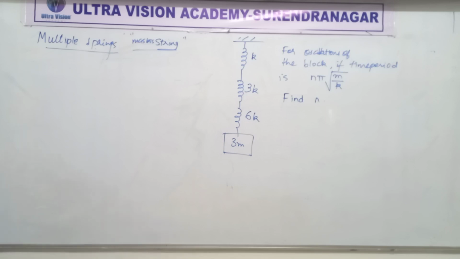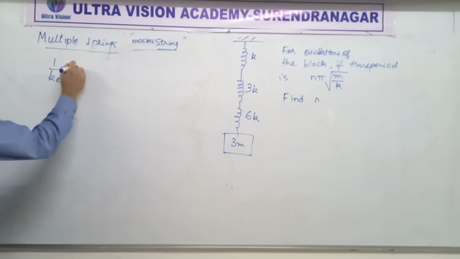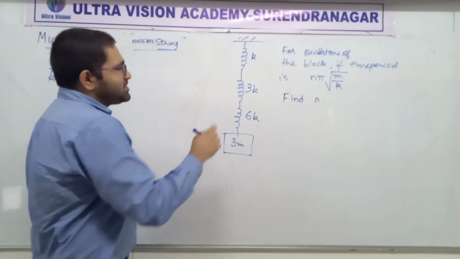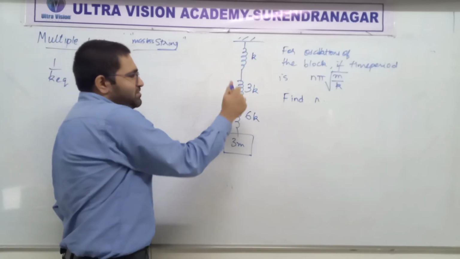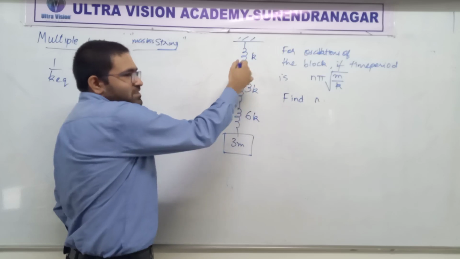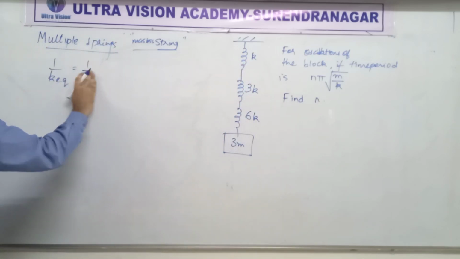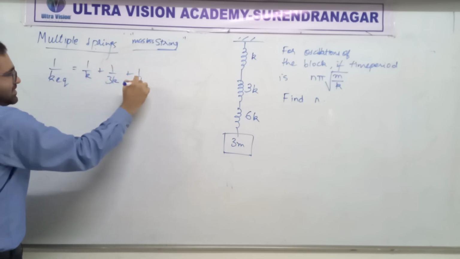See, the first step is, like I said, to find K equivalent. These are in series, correct or not? How to see whether they are in series? They are in the same line, with nothing in between. Between these two there is nothing, between these two there is nothing. So series. So 1 by K equivalent is 1 by K plus 1 by 3K plus 1 by 6K.